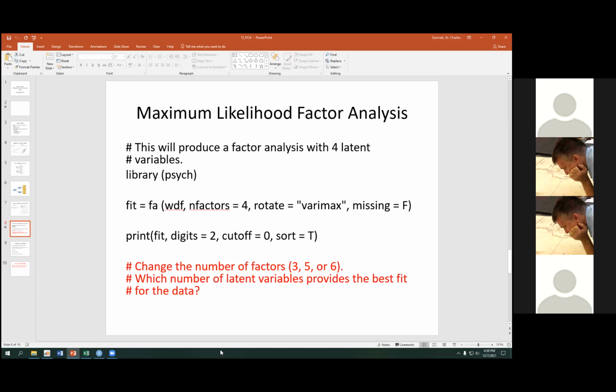All right, so what I want you to do is change the number of factors to 2, to 3, to 5, to 6, probably all 4 of them, until we settle on the appropriate number of factors for these data. In all cases, we should have eigenvalues that are greater than 1. That's an appropriate number. And we should have no one factor by itself that only explains one variable.